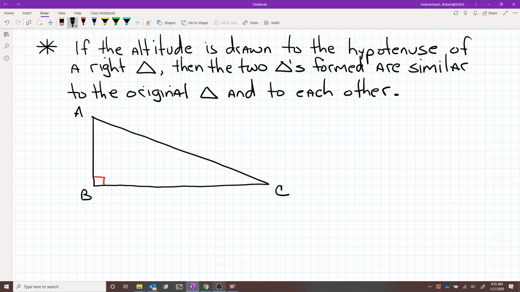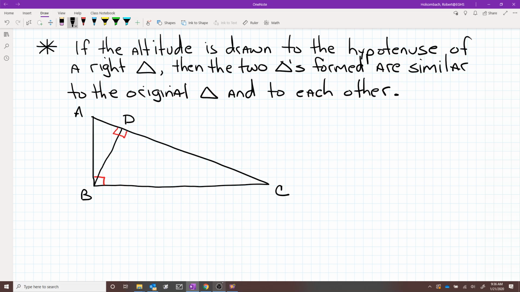So when the altitude is drawn to the hypotenuse, it comes out of this right angle and goes to the hypotenuse. And here it is, and we'll call that point D. Do you see how that altitude forms two more triangles? The smaller one on the left and the bigger one on the right. What this rule says is that the two new triangles are similar to the original triangle ABC and to each other.